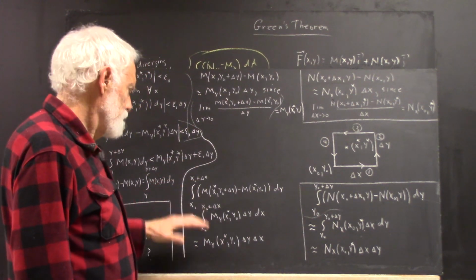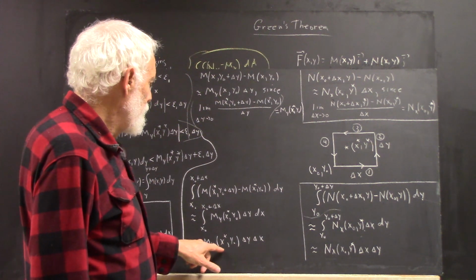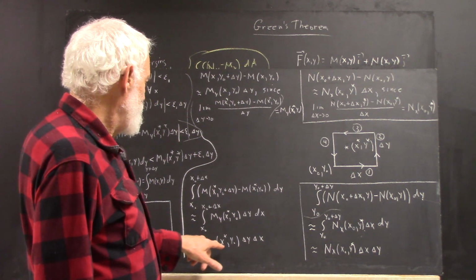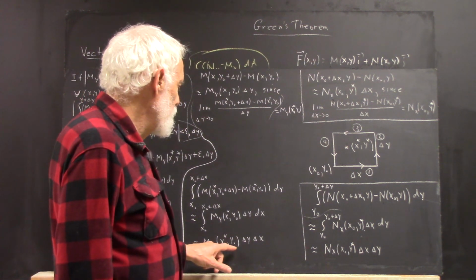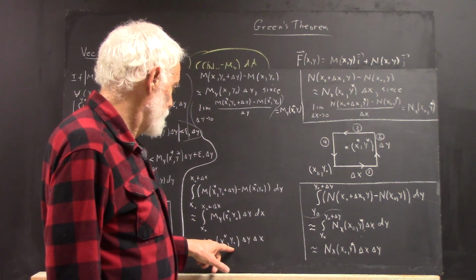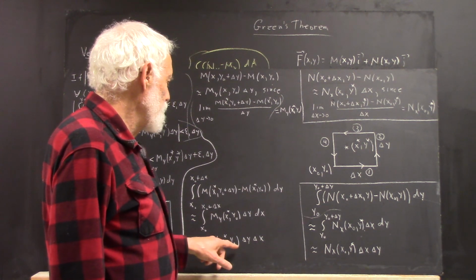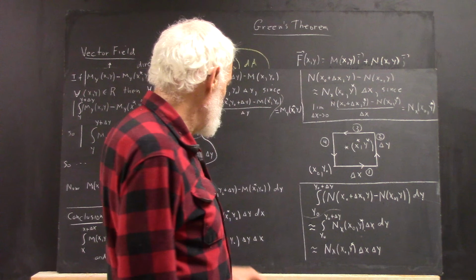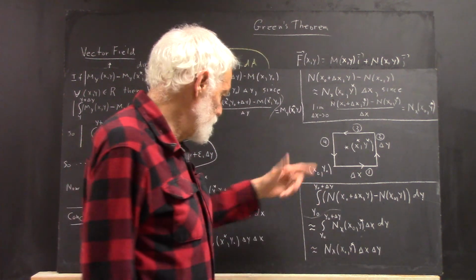I want you to think it through. Understand what I did here, and now I've got this expression, and I've got an x star y naught. Okay? I really don't want x star y naught or x naught y star. I want x star y star here, and I want x star y star here. And it isn't that hard to get it.